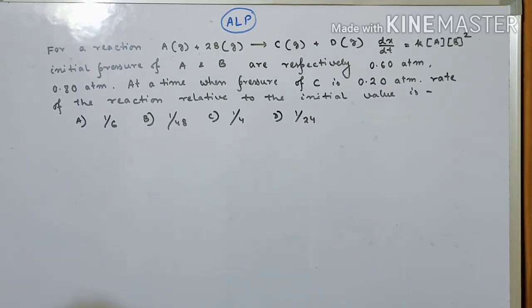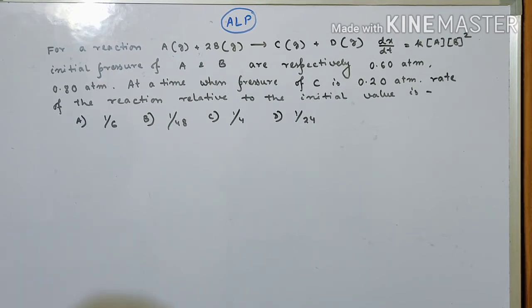Let us see how can we solve it. Read it out once again. There is a reaction where A plus 2B is giving rise to C plus D. So in that case, the dx by dt, that means the rate of the reaction, is already given in terms of this expression K into A into B square.